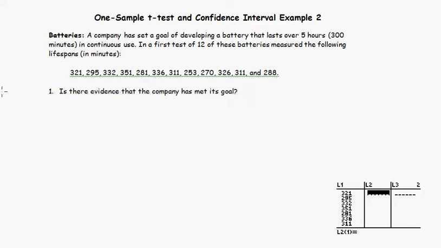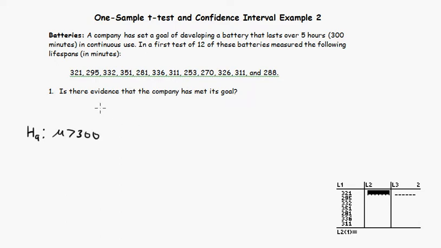We're trying to prove the alternative hypothesis, that HA is that mu is greater than 300.